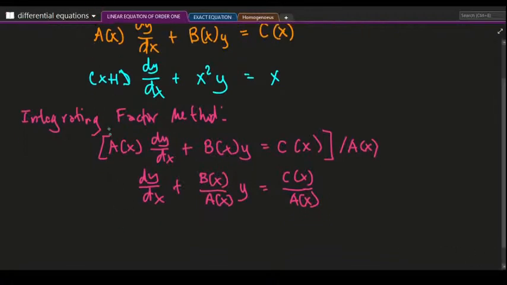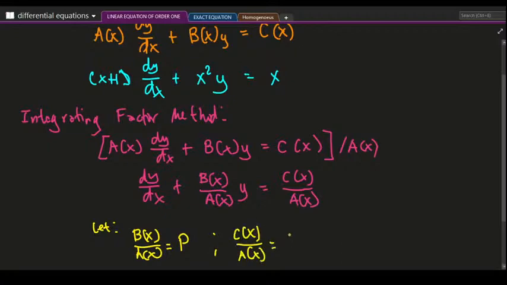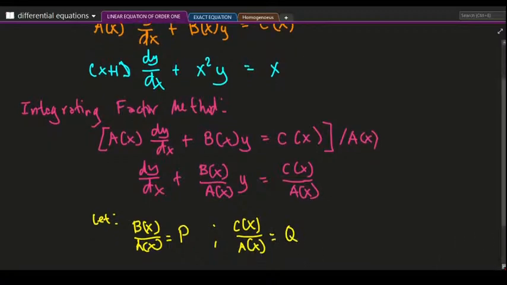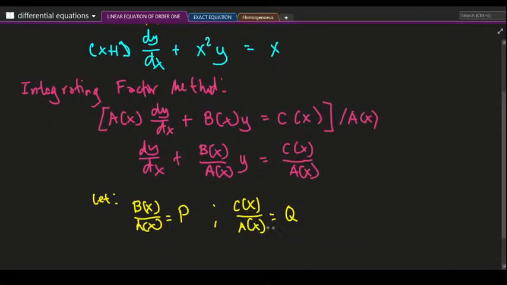So we would say let b of x over a of x equal to p, then c of x over a of x is equal to q. Substituting this assumption, our equation now becomes dy/dx plus p y equal to q.